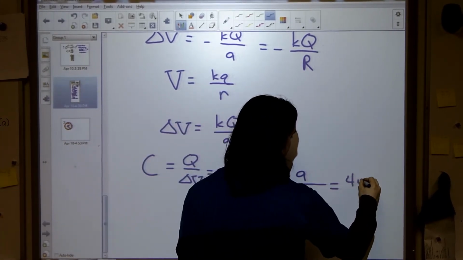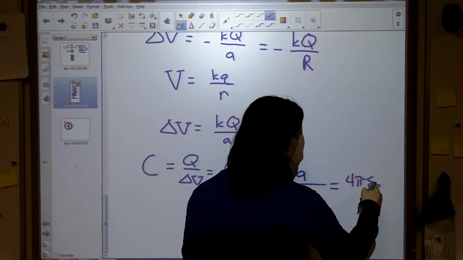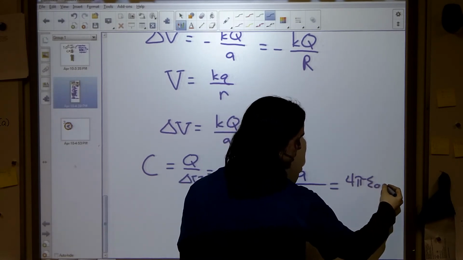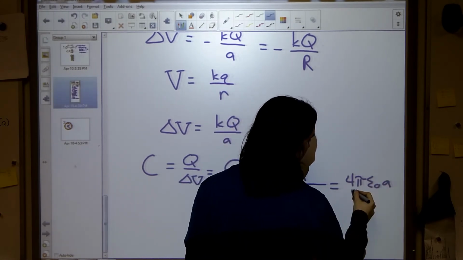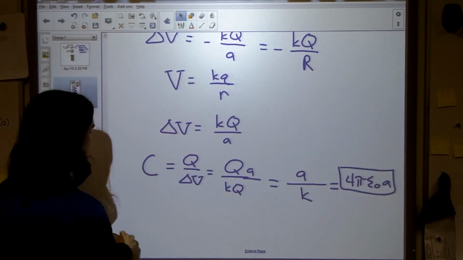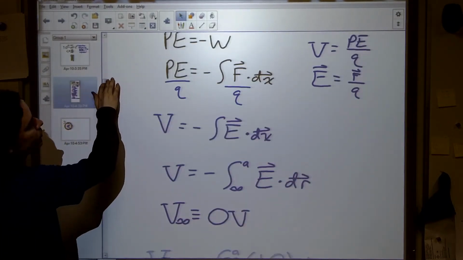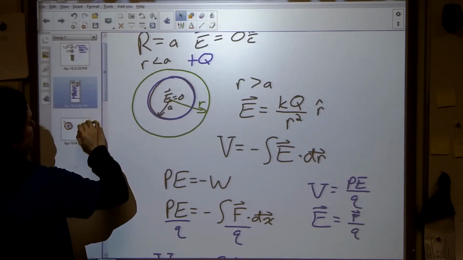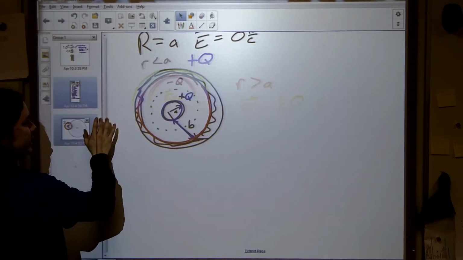Another way of writing all of this would be 4 pi epsilon naught, the permittivity of free space, times A, where A is the radius. That is the capacitance of this sphere. I apologize, forgot the last step there.